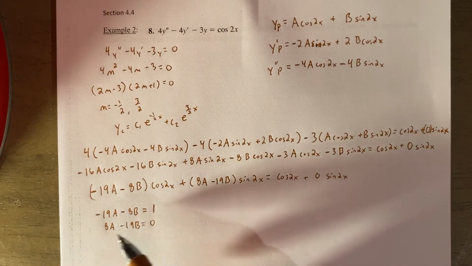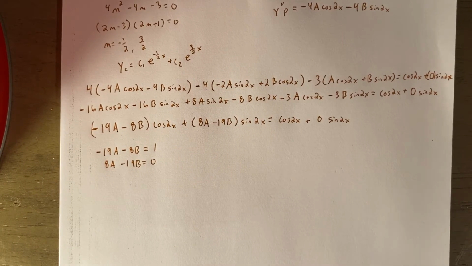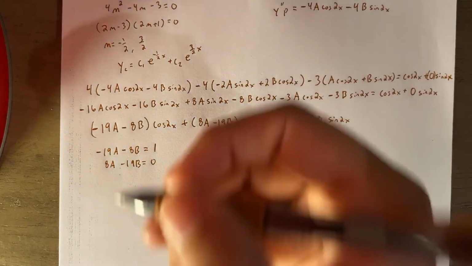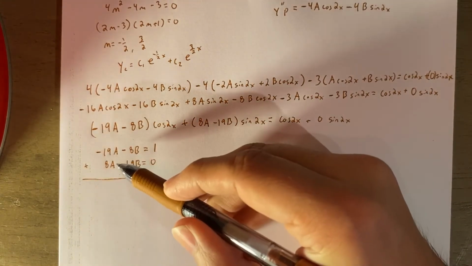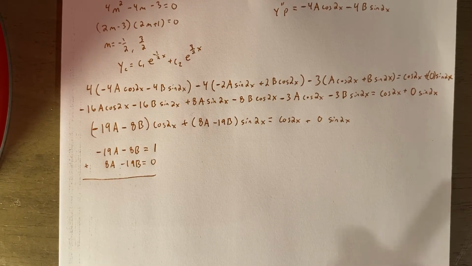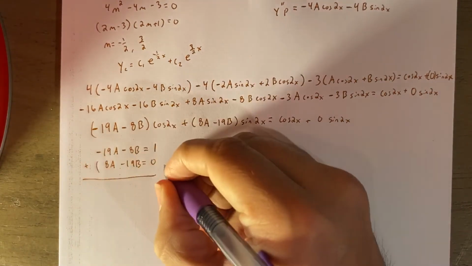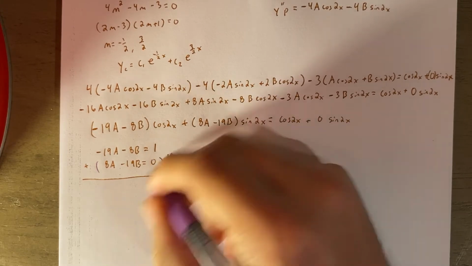Now here, I set this up so that I can do an elimination method. And so what I'm going to do is add these two, and it looks like I could get rid of the a's pretty easily. So I'm going to multiply the second equation all the way through by 19 over 8 to eliminate.